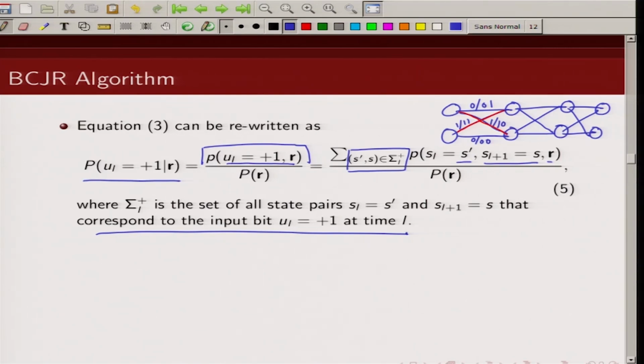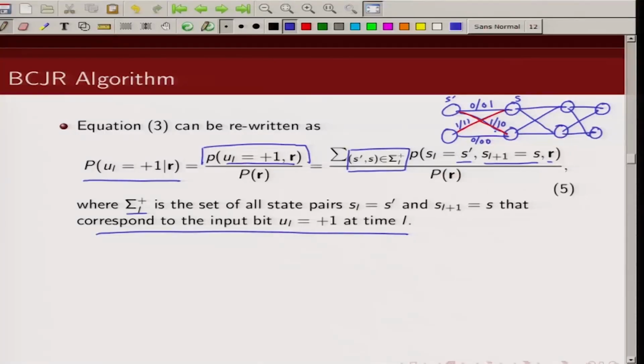is +1. Note that sigma L plus is the set of all state pairs where the initial state is S prime and the next state is S, where the input bit corresponding to a valid transition is +1. In this case, the set is given by this red line.